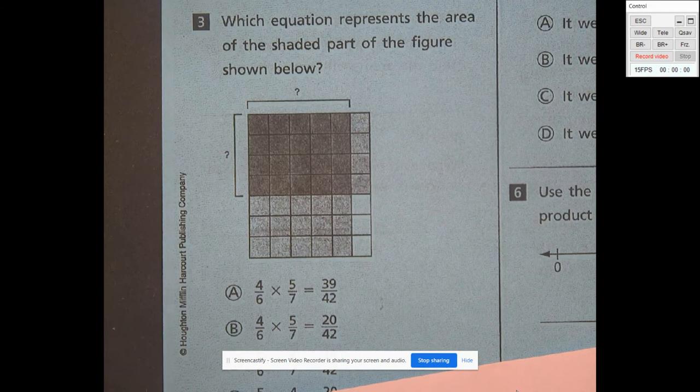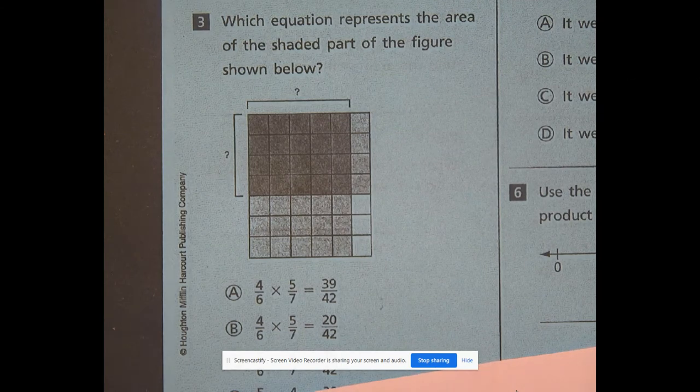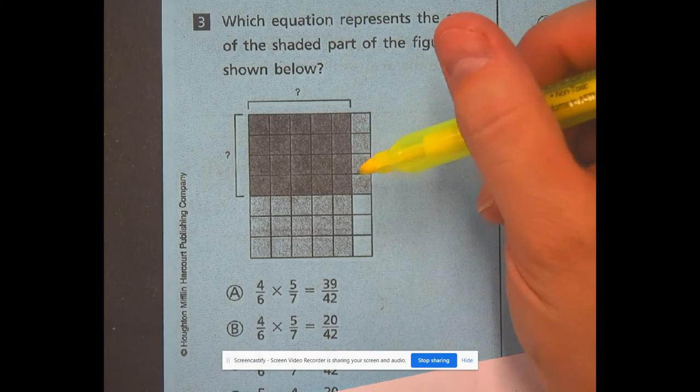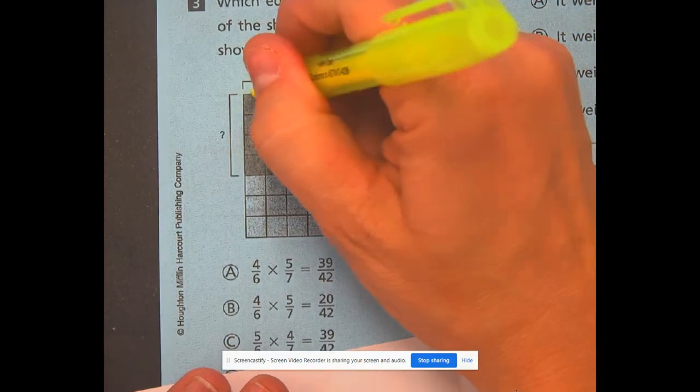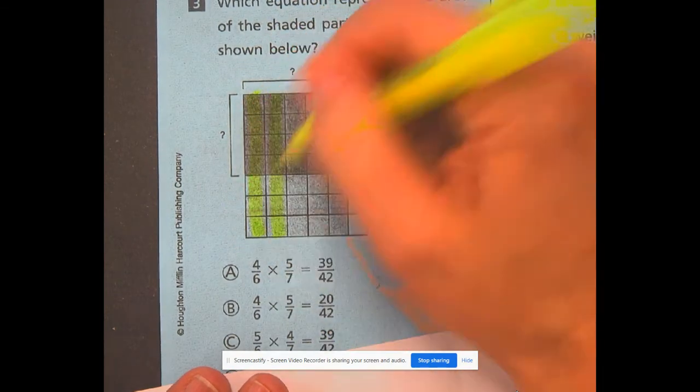Now, if it looks super confusing to you, I want you to use your highlighters, because that's what we've been using this whole time, right? Okay, so I'm going to take my highlighter and I'm only going to highlight my columns. So that's what I want to do first.